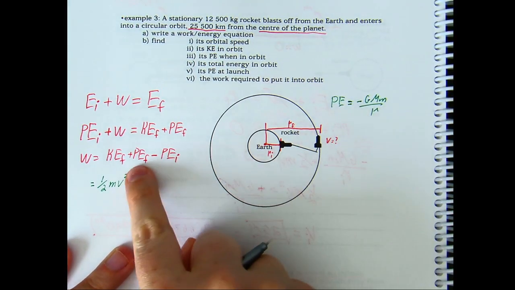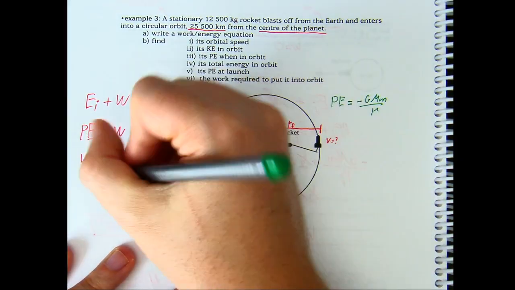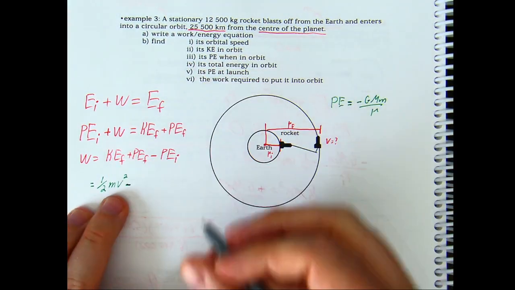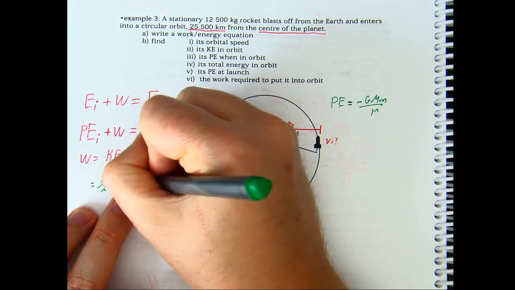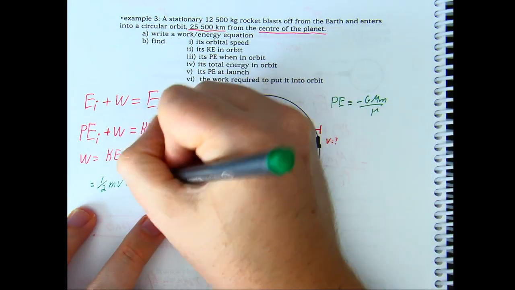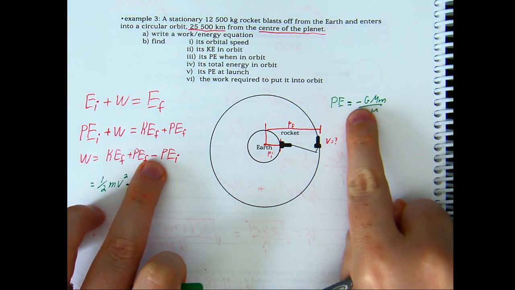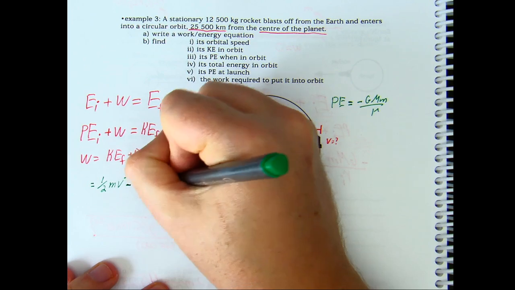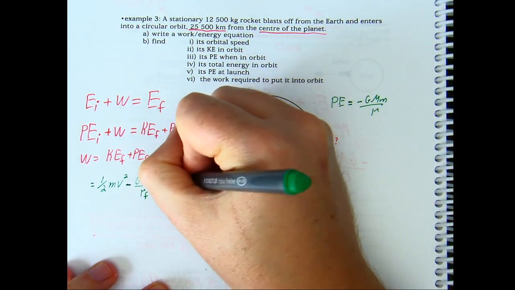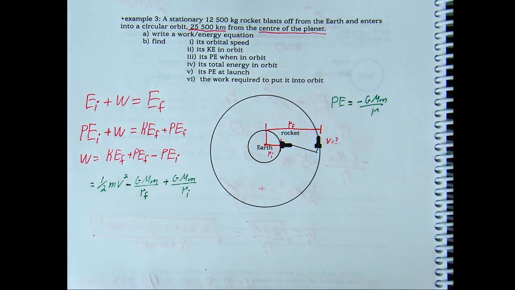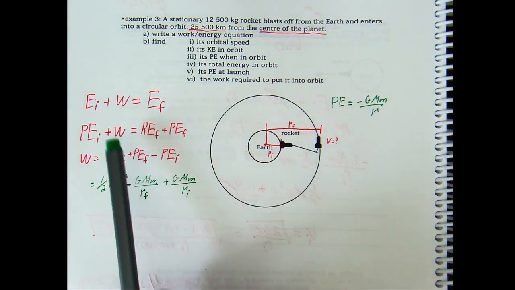So if we're adding the potential energy at the end, ultimately what we're doing is adding negative GMm over r final. So we're going to have half mv squared minus GMm over r final. And now we're subtracting negative GMm over r initial. So that's ultimately going to be plus GMm over r initial. And now these minus signs often screw people up. Be careful to take those into account.